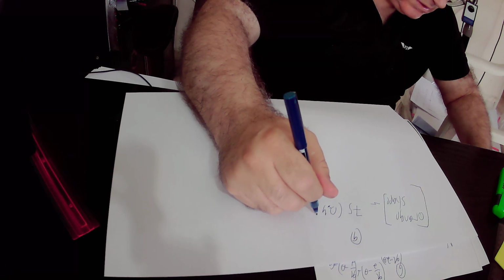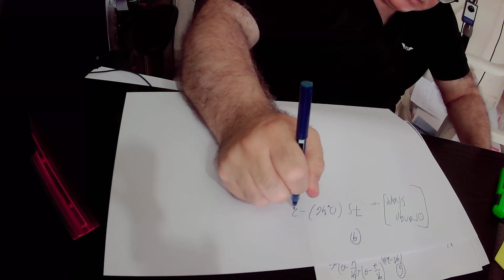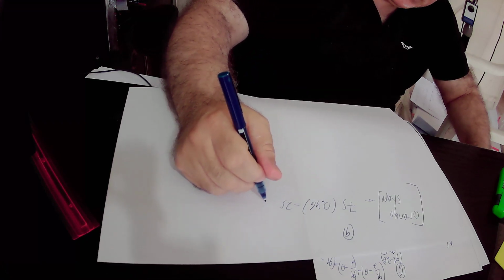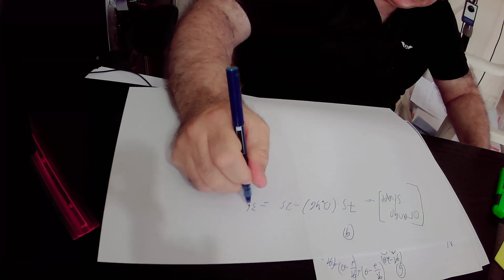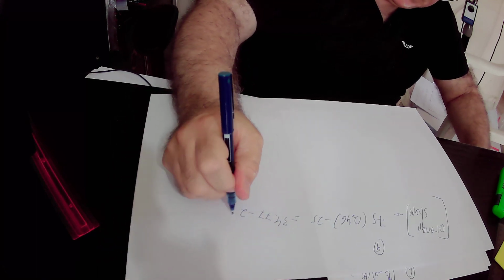So we substitute 0.46, minus 25. And 75 times 0.46 is 34.77 minus 25.